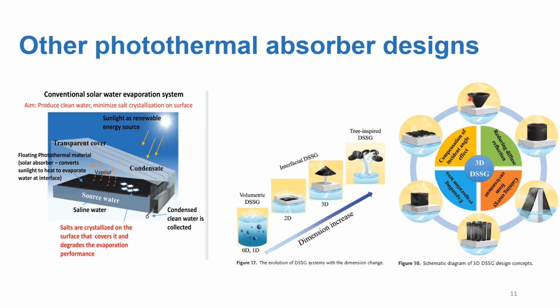The good thing about these 3D structures is that you are increasing the overall area of your solar absorber. At the same time, you are providing structures that can trap light or bounce light within the structure so that you can reuse the heat transformed from the light-to-heat conversion, and increase the overall efficiency of your design.